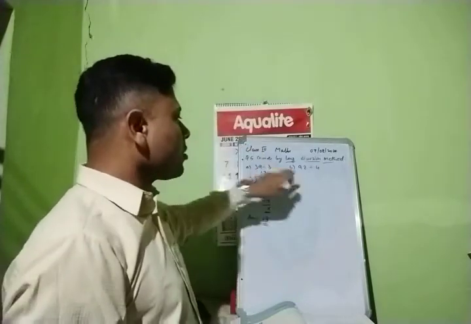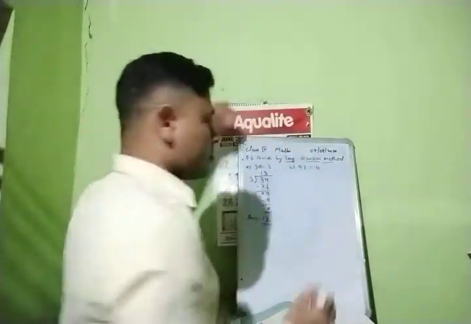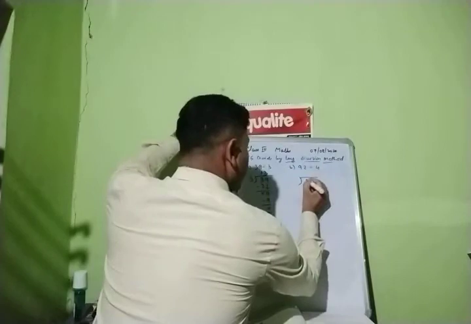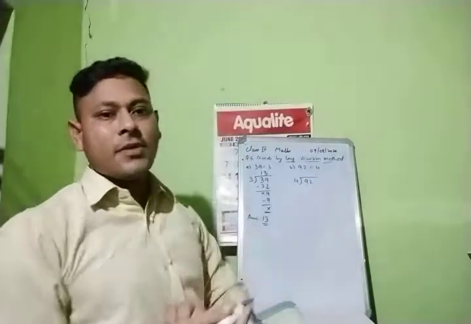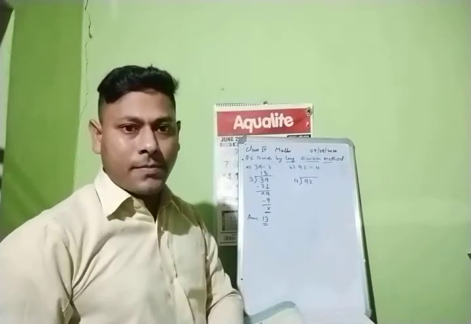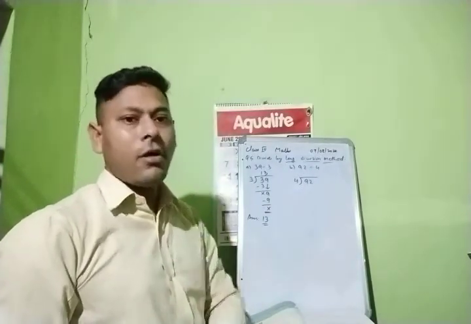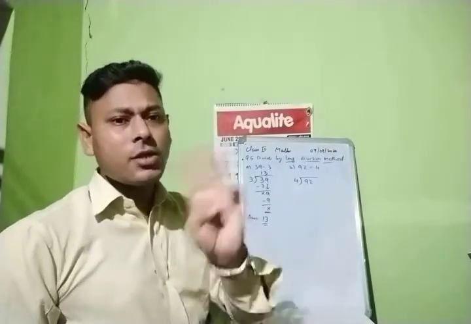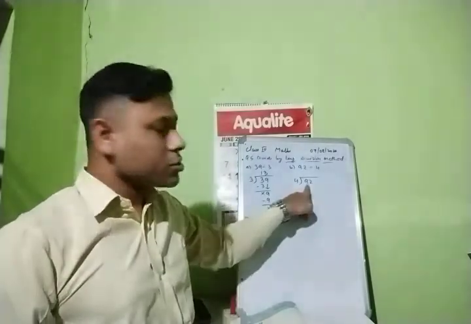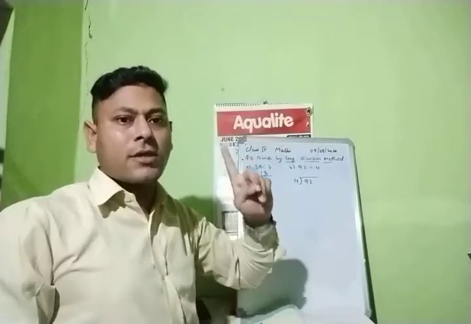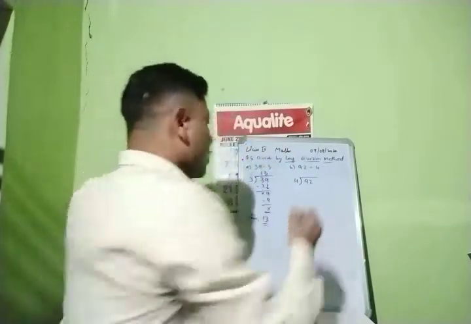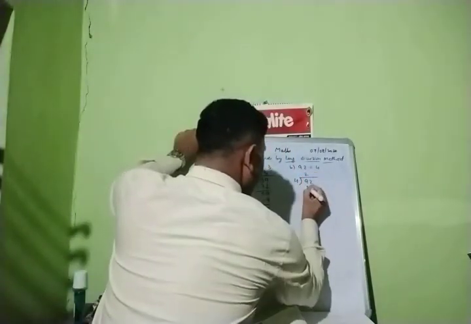Same way here also, 92 divided by 4. Box, 92 divided by 4. 4 and 9. That means 9 is bigger, we can take one number. Right? 4 ones are 4, 4 twos are 8, 4 threes are 12. See, it is 9, no? So we cannot take 12 there. We have to take before that. So 4 twos are 8.